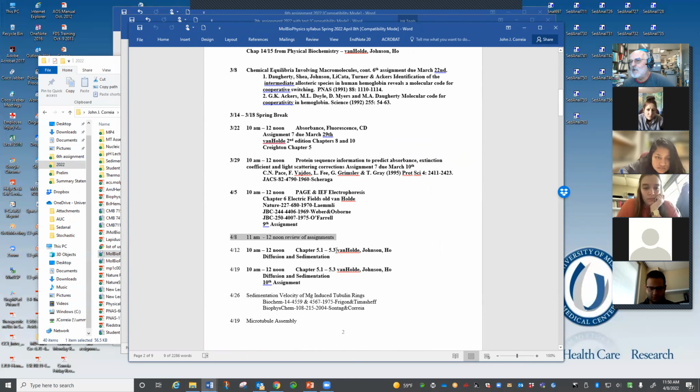This is the same chapter that we did electrophoresis from, but it's the first couple of parts. The first part is diffusion, the next parts are sedimentation, and then it went into electrophoresis. So I always tend to do electrophoresis first, and now we're going to do diffusion and sedimentation. We probably won't get through all of that in one session.